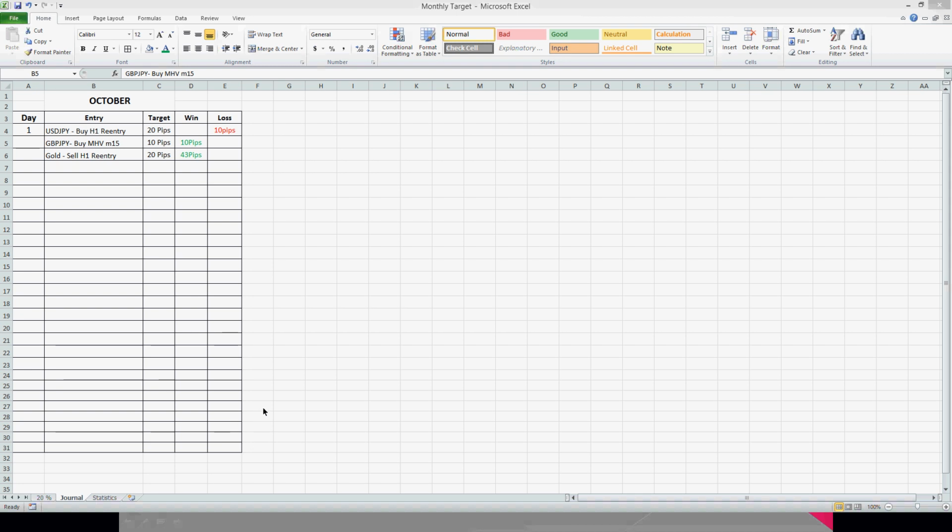Okay, so let's say for example that I enter a buy over here, and when the price is already over here, I'll set myself up for a 10 pip stop loss, which is SL plus.